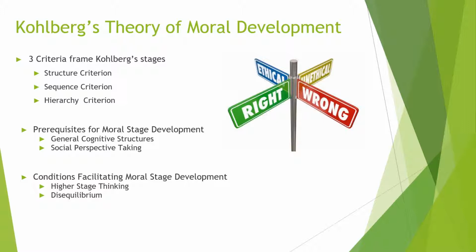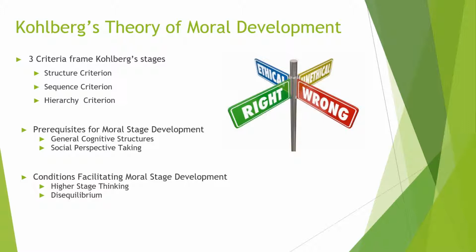So let's first talk about Kohlberg's criterion. The first is the structure criterion, which is the most fundamental of the three. At any given stage, individuals use the same level of reasoning no matter what the content or the situation is. The second criterion is the sequence criterion.